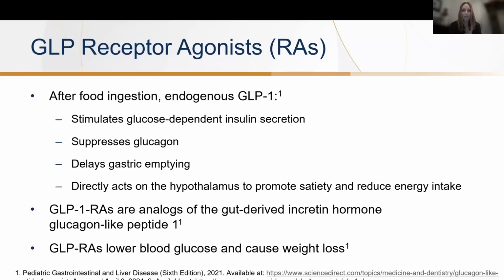It delays gastric emptying, and it directly acts on the brain to make you feel full and reduce the amount you eat. So GLP-1 receptor agonists mimic the gut-derived incretin hormone. It offers the same benefits in a longer lasting form. And also these GLP-1 receptor agonists lower blood sugar and cause weight loss.